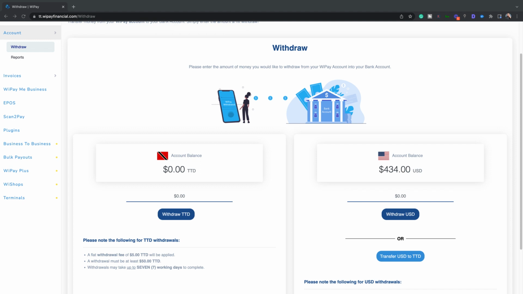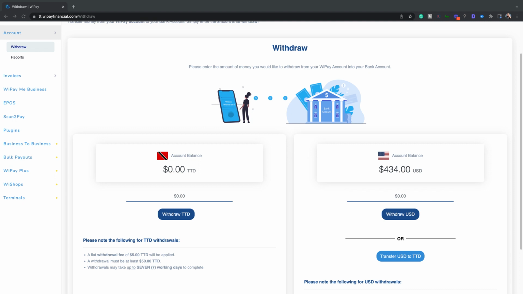All right. Now, if the person was paying with a credit card that was in a TT currency, in Trinidad and Tobago currency, or if you're in another Caribbean region, like you're in Jamaica, you're in Barbados, you're in any of those other islands that WiPay operates in, you're going to have this same setup. But instead of TT, you're going to see whatever your home currency is, and then you're going to see US.